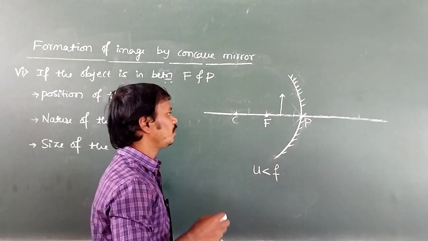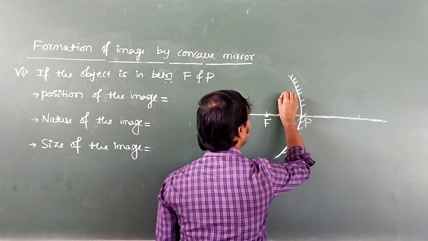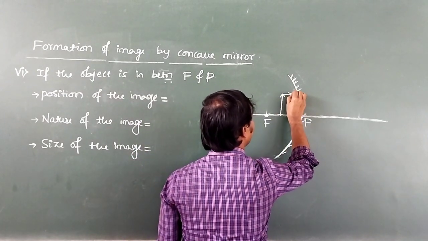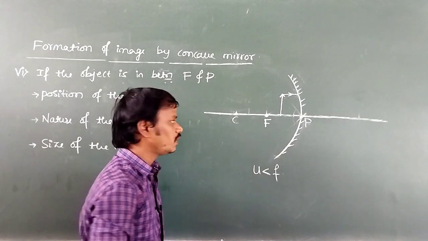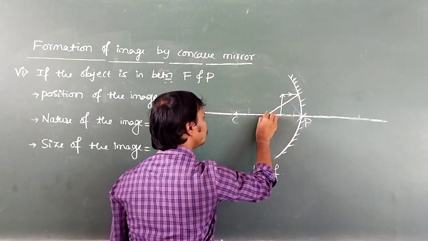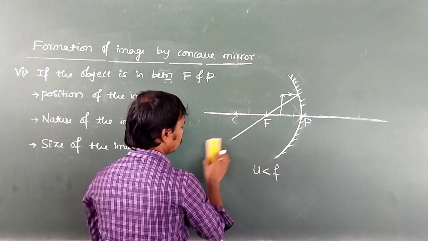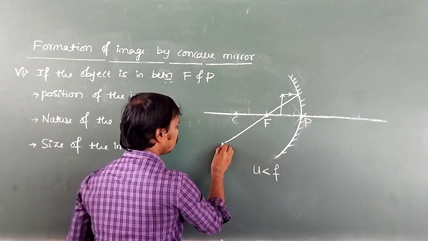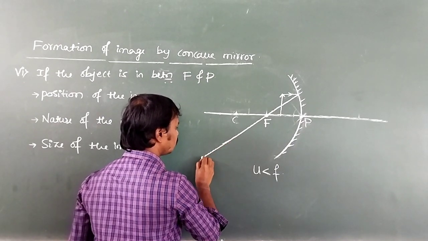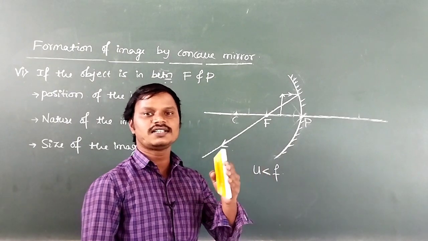Now again we have to consider how many rays? 2 rays coming from the object. First ray parallel to the principal axis. After reflection, the reflected ray passes through the focus. Then the second incident ray, which is incident at the pole, how is it incident?